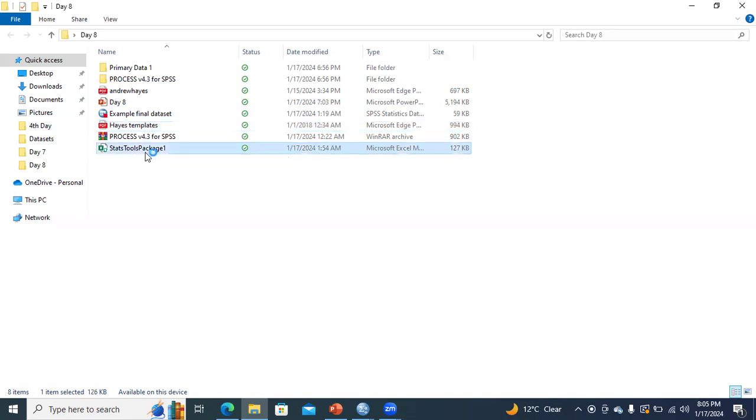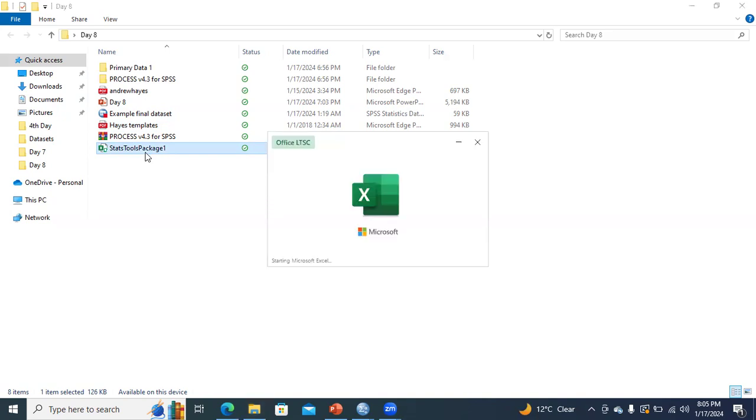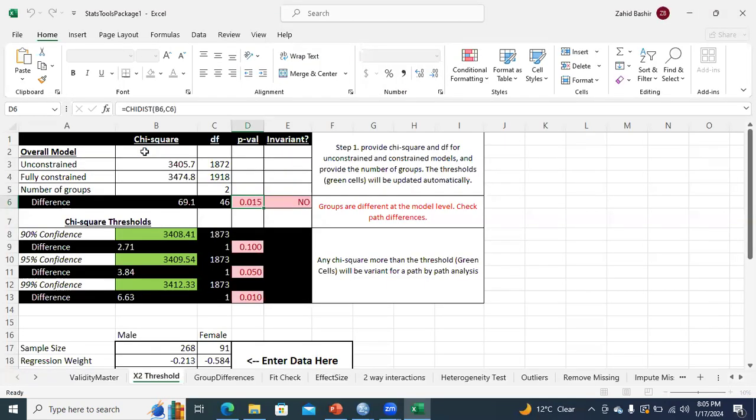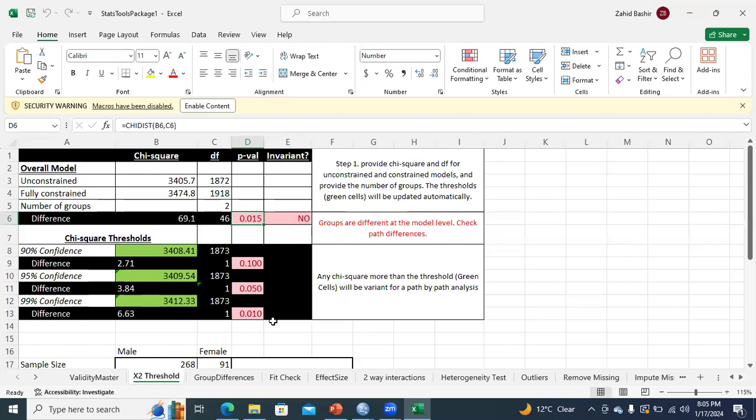You need to open the stats tool package. This is a software package which will show us the two-way interaction of our moderating impact. So how can we analyze the moderating impact using our graphical method? So I will let you know. It is very simple. You will see a number of boxes over here.